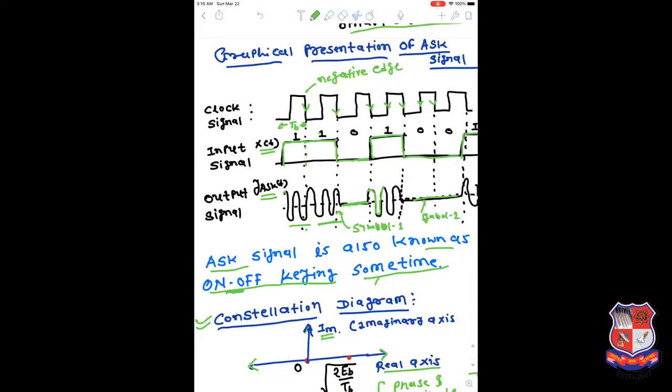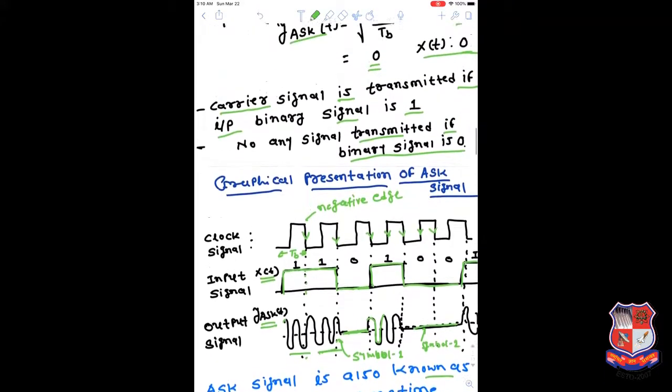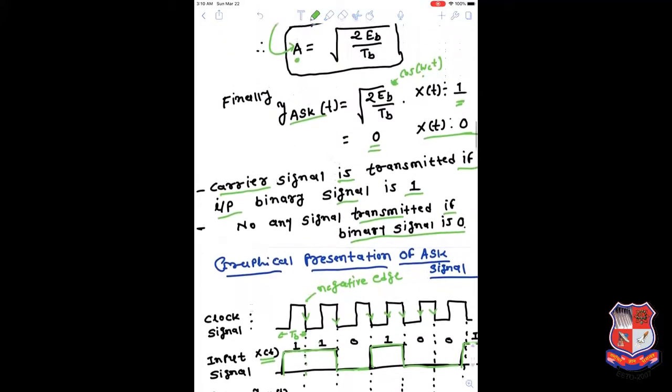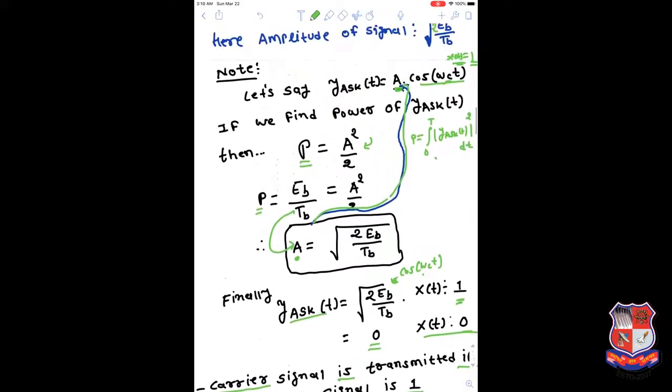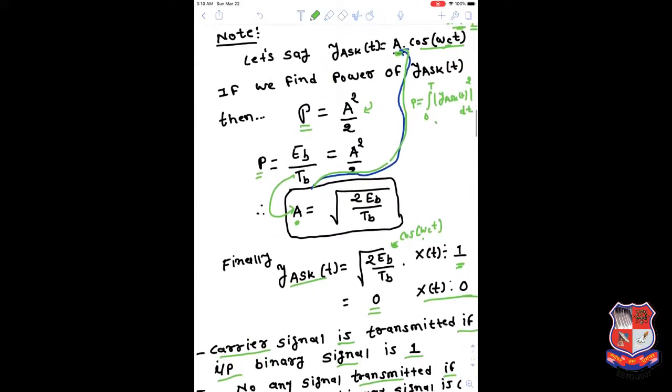Symbol 1 is simply represented with only the amplitude. Here symbol 1 is simply square root of 2EB by TB, and this is a real part. It doesn't have any phase inclined with it, it's not a complex value, it's simply a real part. And the other symbol can be represented by 0.